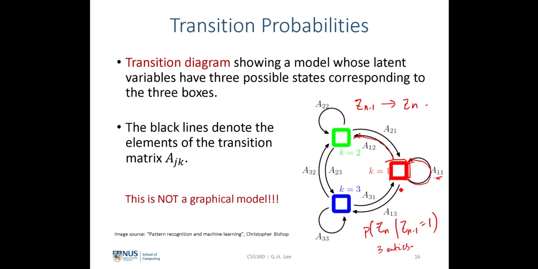The probability that Zn is k equals 3 is described by A13, all conditioned upon Zn minus 1, the previous time step, taking a state of 1. This is true for any other Zn minus 1 state. Suppose Zn minus 1 equals 2, then we start from here, and the conditional probability describes these 3 probability values, which should all add up to 1.